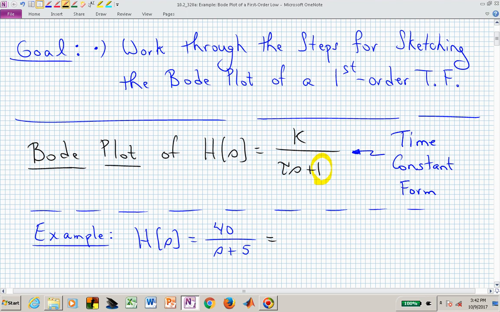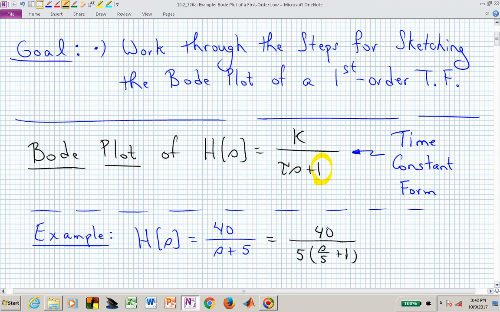We normalize that constant coefficient in the denominator so that it is 1. So if we factor 5 out of all the terms in the denominator, since we just have a single linear factor, we now have the denominator looking like 5 times the quantity s over 5 plus 1. That's really all we're doing to find time constant form.